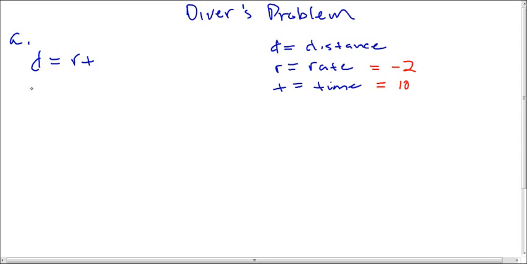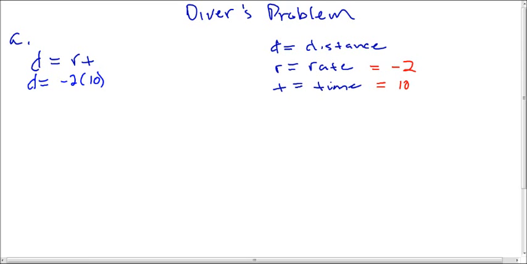So now to find out how far he is, all we do is substitute for R and T. So D is equal to a -2 times 10. Now, we need to take a look at this problem. We're multiplying two integers, and this is a real life situation.